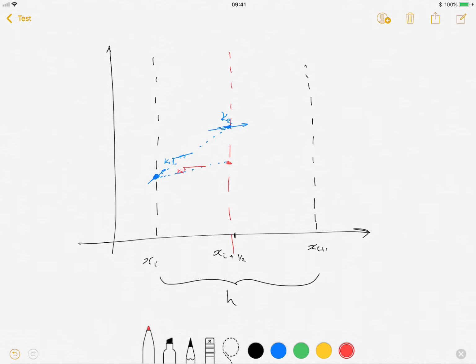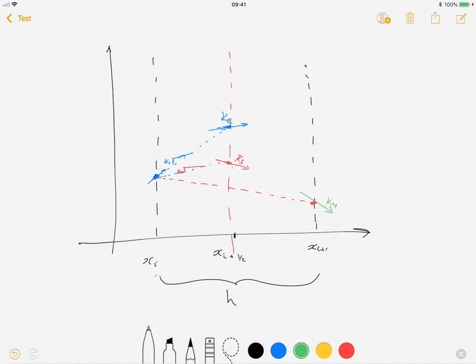Here I calculate the slope value k3, which I then use to calculate, so these two should be parallel, which I then use to calculate the value of k4 at my x point, which is x of i plus 1 or x of i plus h.